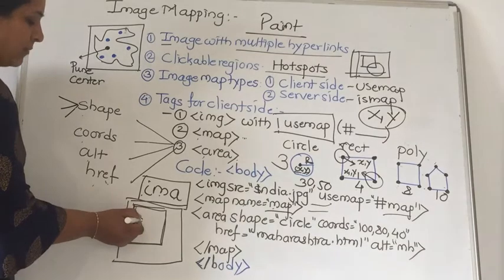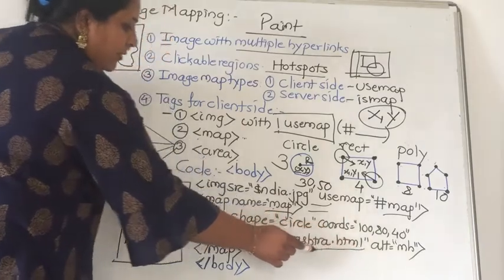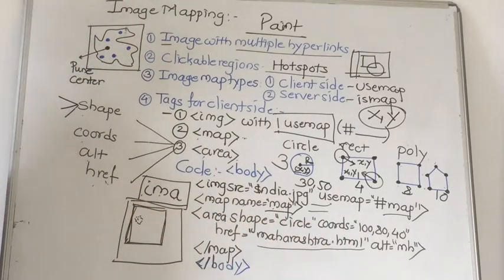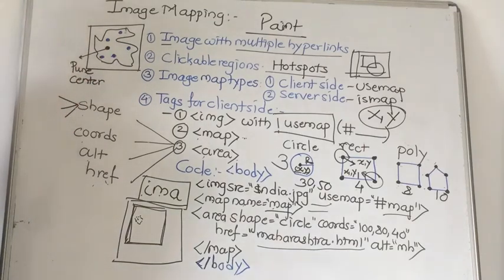Then as I click on the Maharashtra hotspot, it will open my maharashtra.html file, which contains all the information about Maharashtra state. After seeing the information, you come back to see the next state's information. In this way, one image with several hotspots, with several hyperlinks on it, is known as image mapping. And in your syllabus we have learned only client side image mapping.